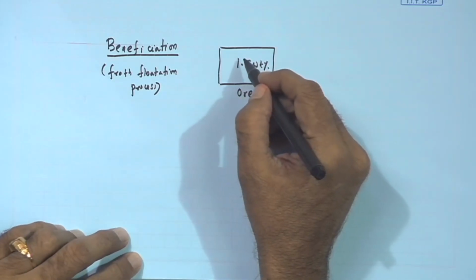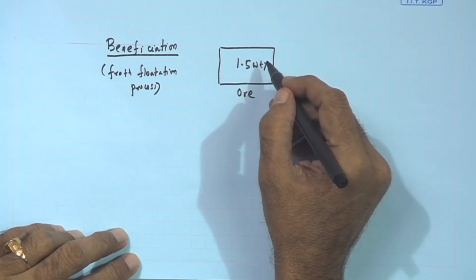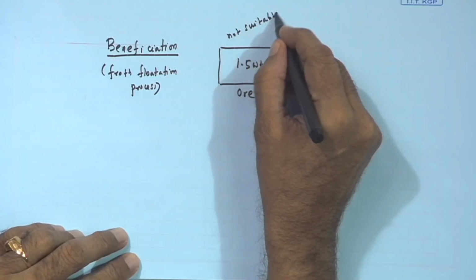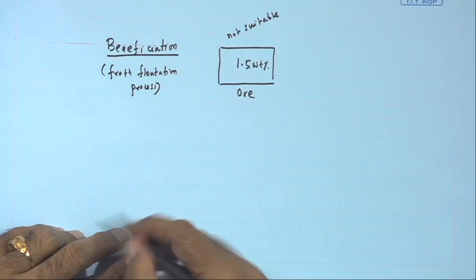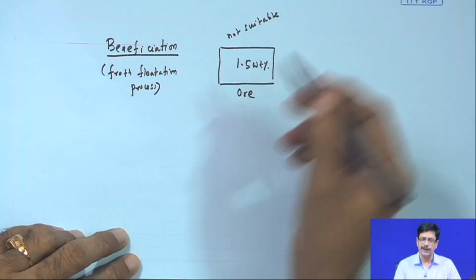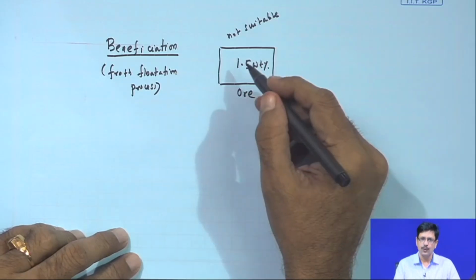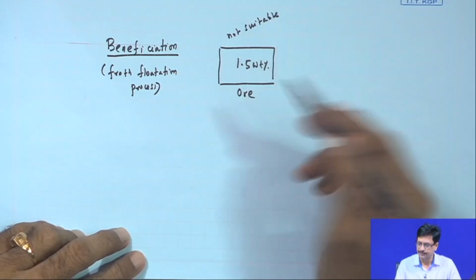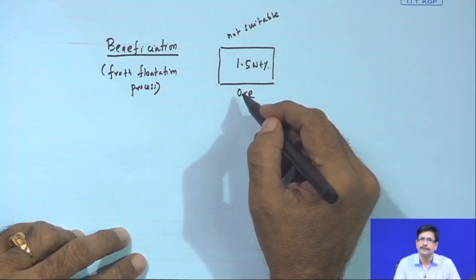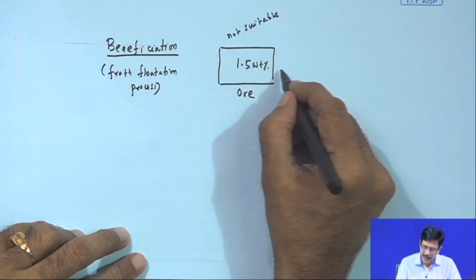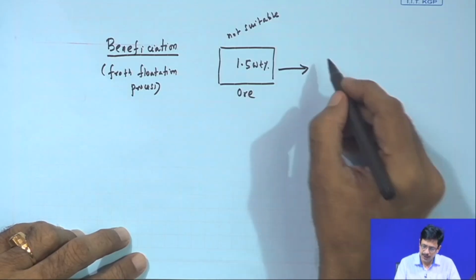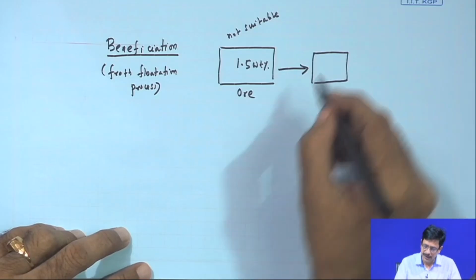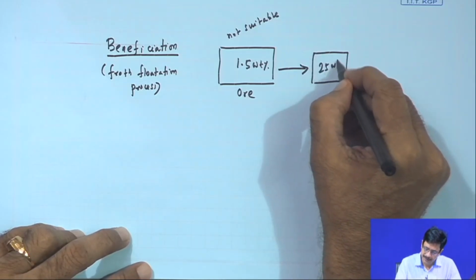This particular ore containing 1.5 weight percent of copper is not suitable to be taken into a processing plant where the ore could be subjected to some kind of pyrometallurgical process such as smelting to get the copper. Now, what is needed is that this material has to be improved in terms of its copper content to at least, say, 25 weight percent.